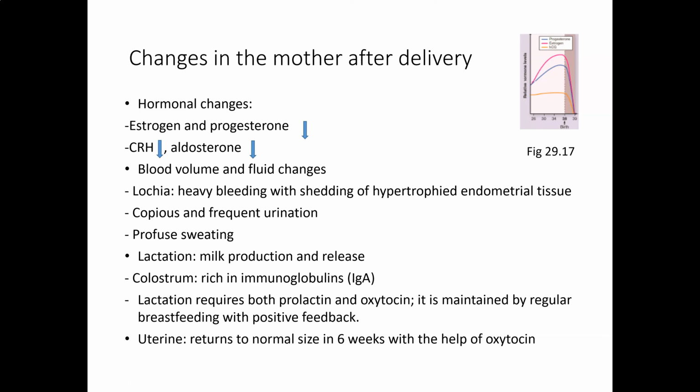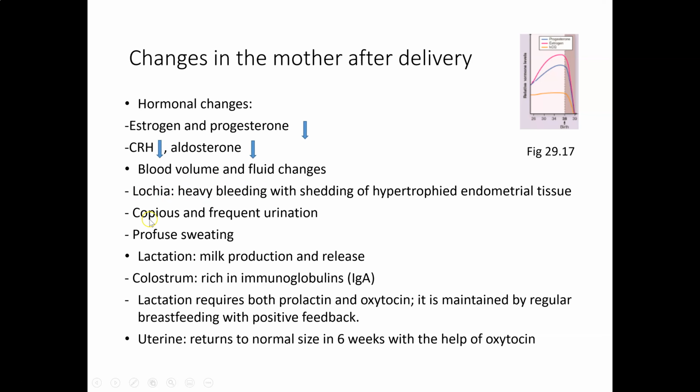That was to support the development of the fetus. Now the baby is born, the mom has to shed all that endometrial tissue, associated with heavy bleeding. So you're going to lose blood there. That's called lochia.